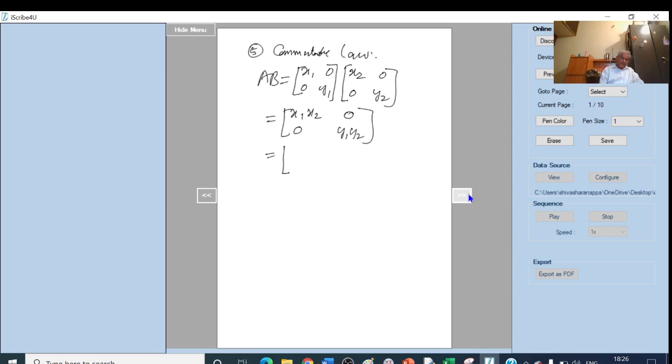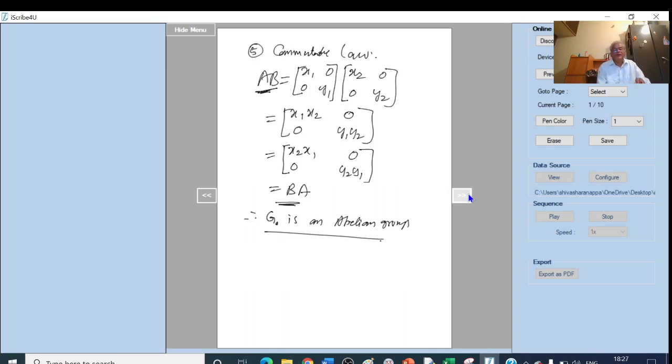Now I can write this, instead of x1 x2, as x2 x1, and y2 y1. This is nothing but our B into A. So AB is equal to BA is satisfied. Therefore all the axioms are satisfied, and we say that G is an abelian group. Okay. Thank you. I'll stop here.